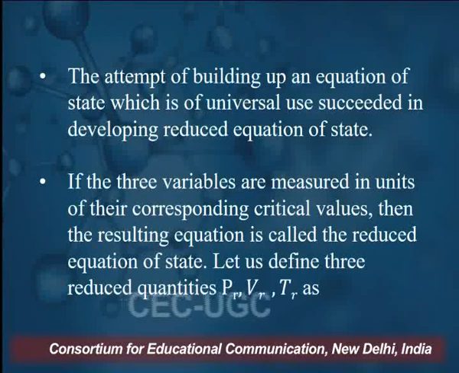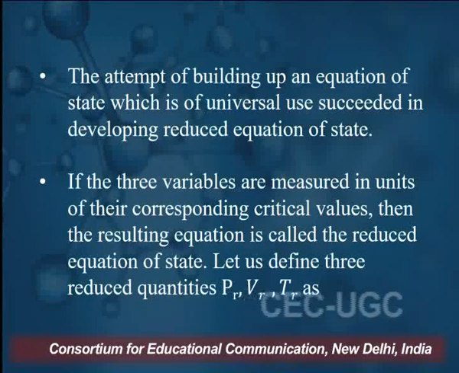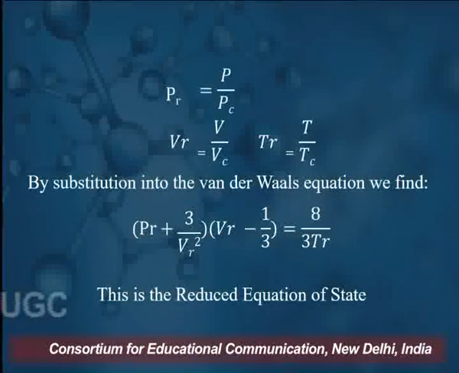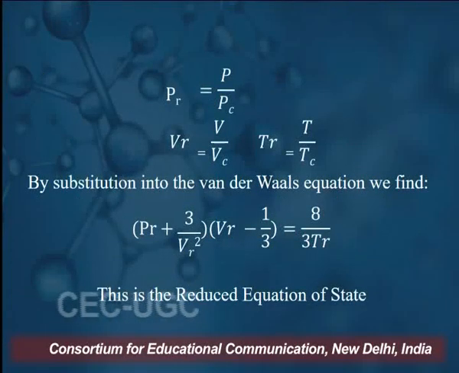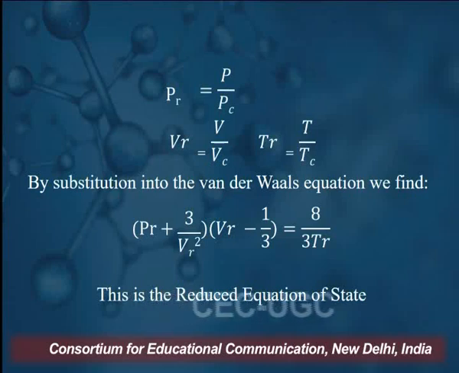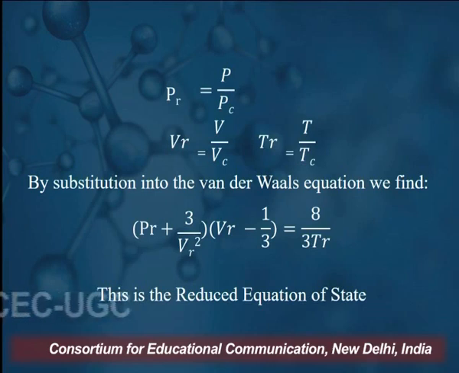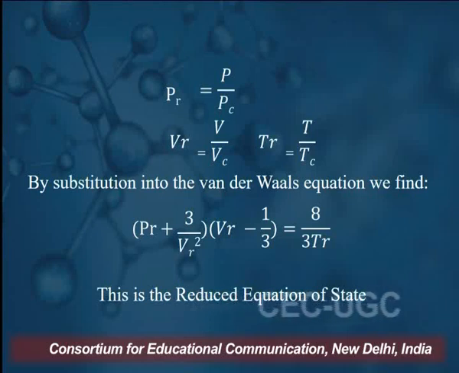Let us define the three reduced quantities as PR, VR, TR: PR is equal to P by Pc, VR is equal to V by Vc, TR is equal to T by Tc, where Pc, Vc and Tc are the critical constants, and PR, VR, TR are the reduced quantities.